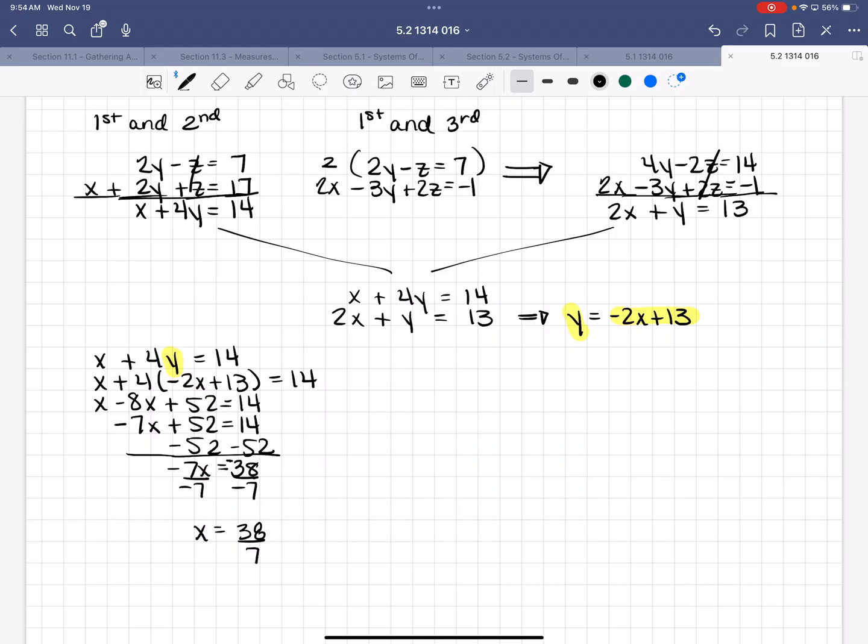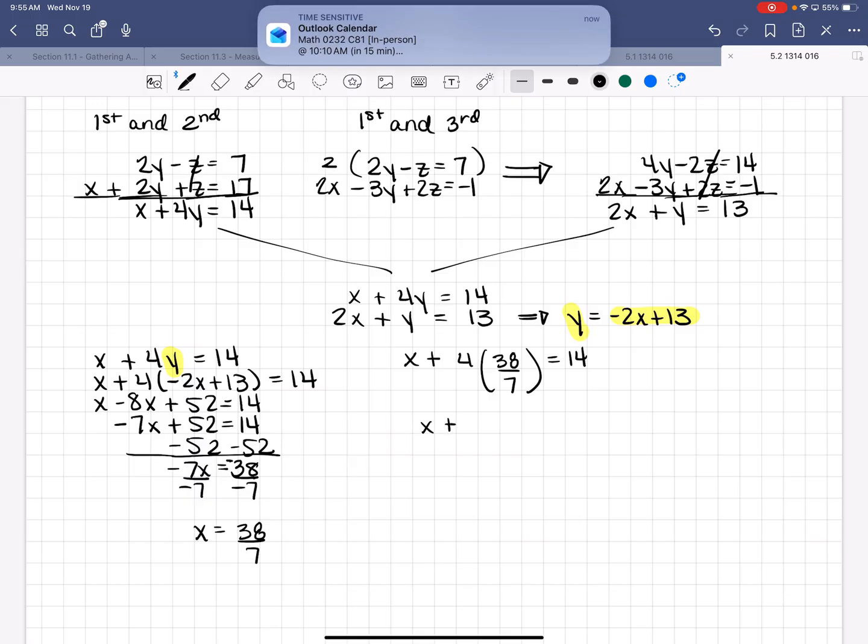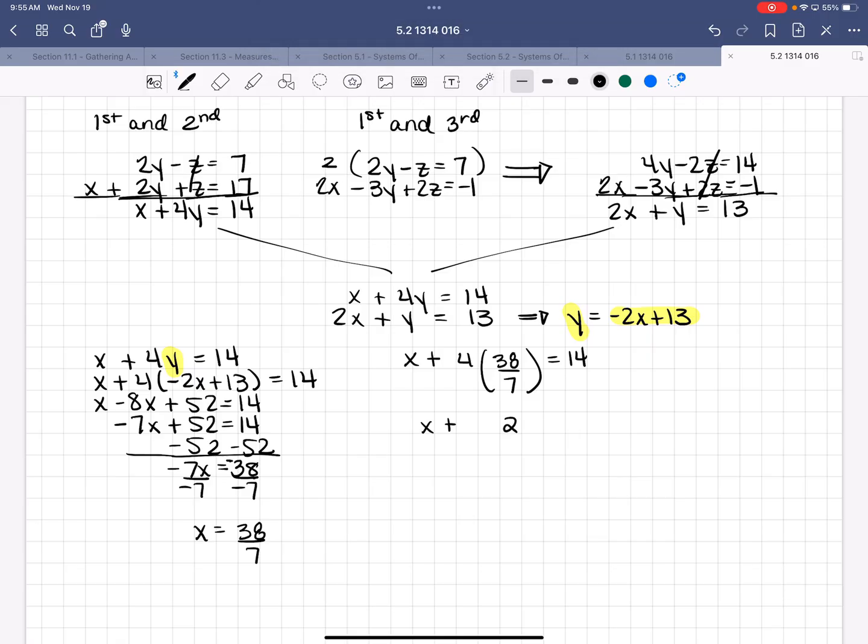Okay, I'm going to plug that back into the first one, guys, to get my x. So I've got x plus 4 times 38 over 7 is supposed to equal 14. Yuck. 4 times 38: 8 times 4 is 32, carry 3, 12, 13, 14, 15. 152 over 7 equals 14.